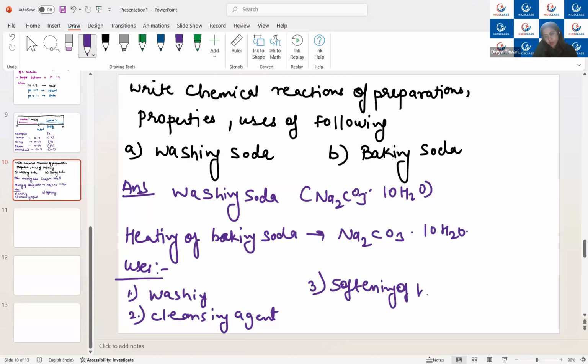Softening of hard water. So here the property you can write is the crystalline water. Okay, I hope this is clear.